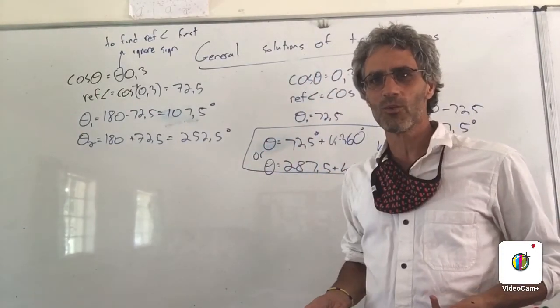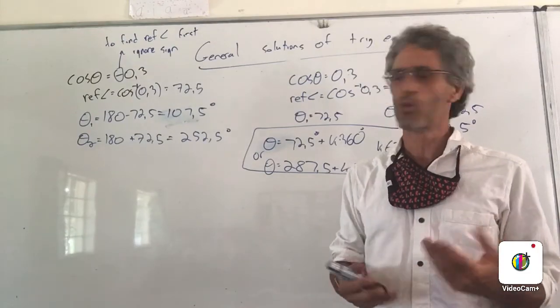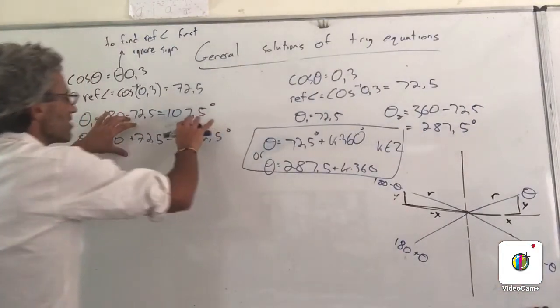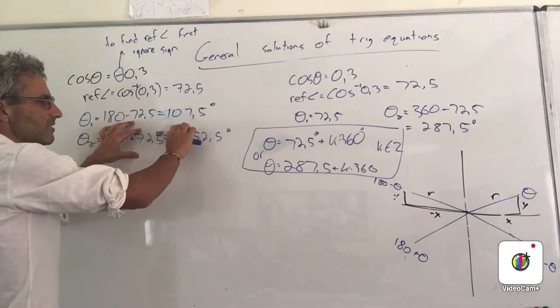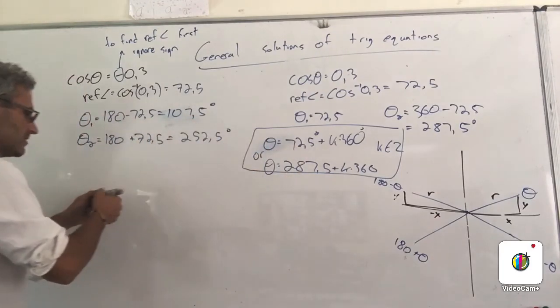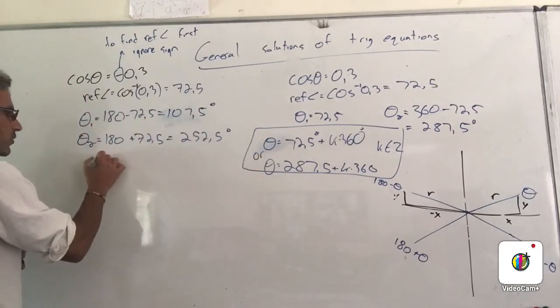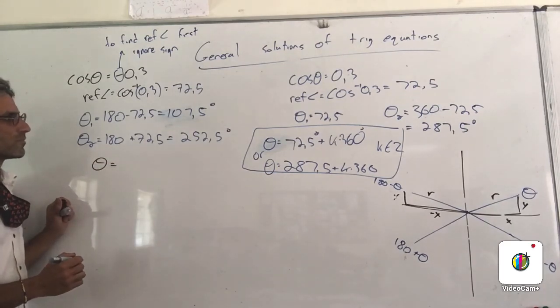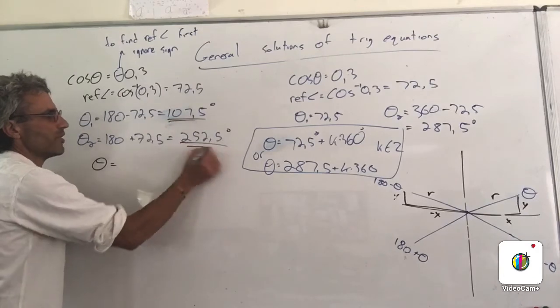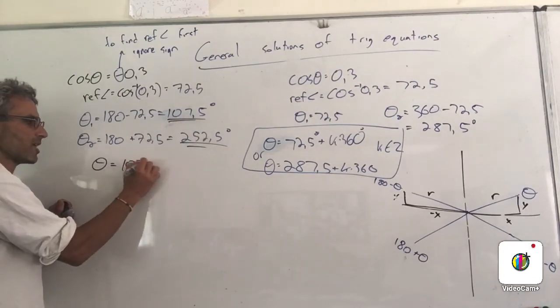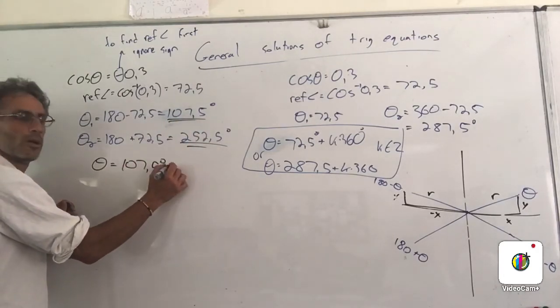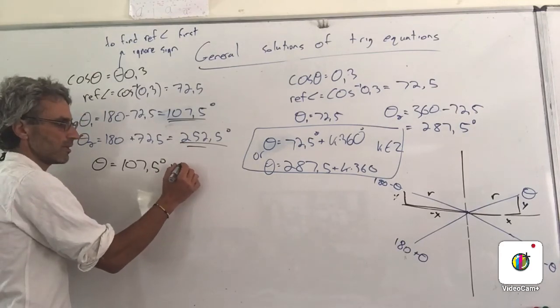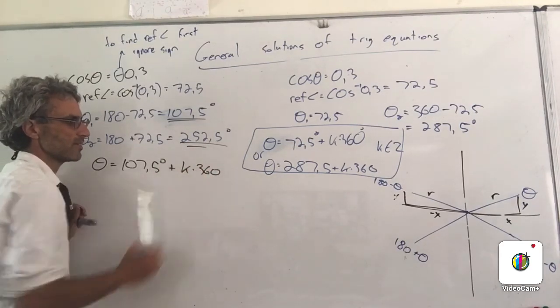Again, in grade 11, we realize actually there are infinitely more solutions. That was really the hard work, the hard work we did in grade 10. Now it's actually easy. Okay? So what will be my general solution? Let's start with this one: 107,5 plus K times 360.